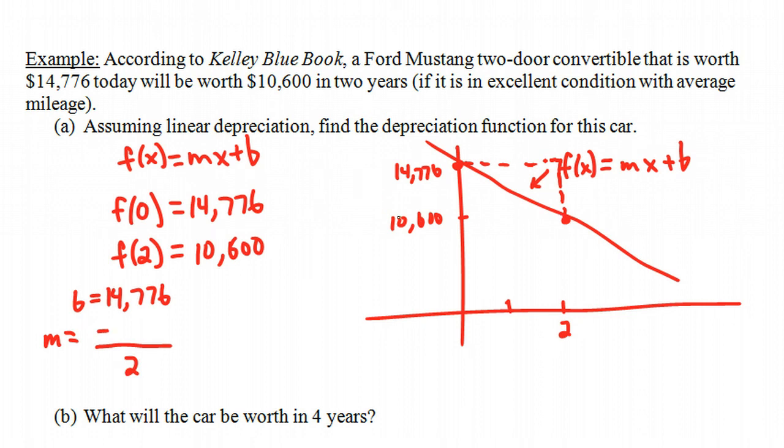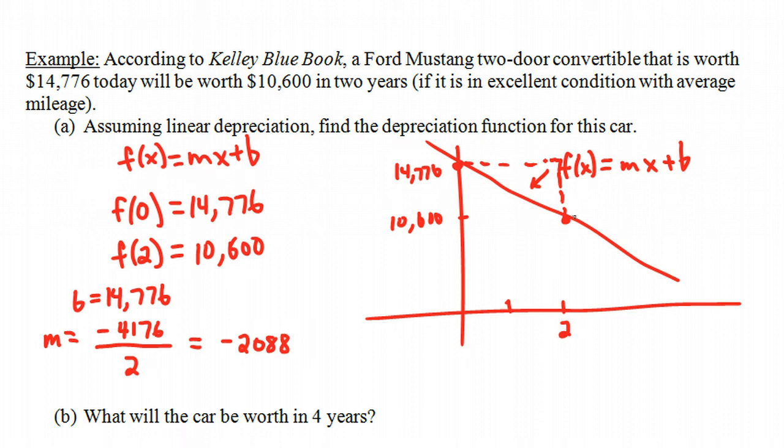It's really 10,600 minus 14,776, and that ends up being minus 4,176. So to get from this point over to this point, we go over 2 and down 4,176. If we divide that by 2, we get negative 2,088. So that is the slope of that line.